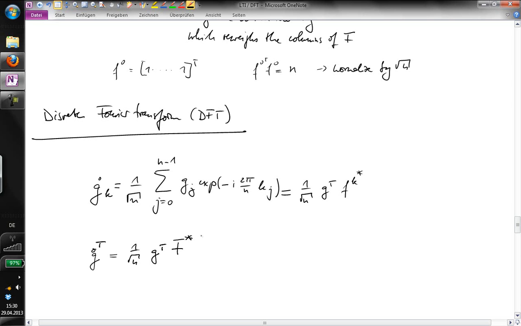And here again, I need to take the complex conjugate of my matrix of basis functions.